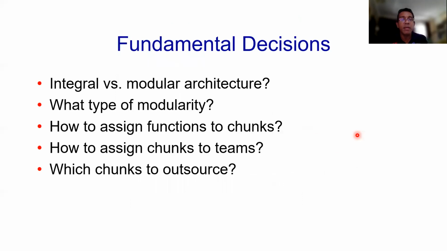Okay. And then the product architecture is the scheme by which the functional elements of the product are arranged into physical chunks. So we already understand that one. And then the architecture of the product is established during concept development, in the early stage, and system level design development as well.